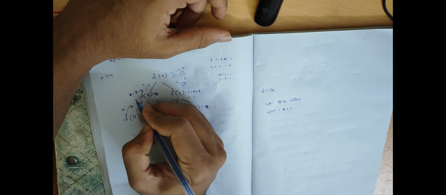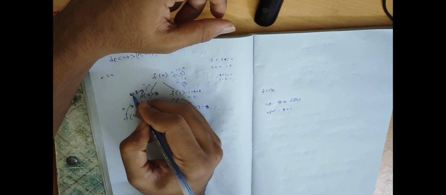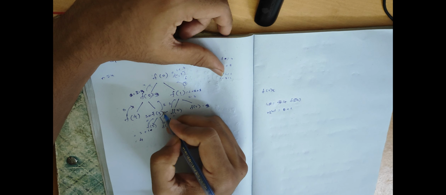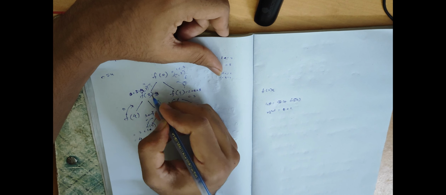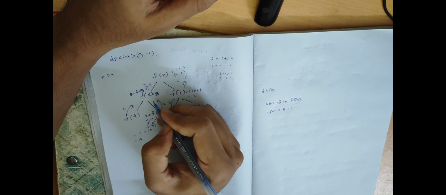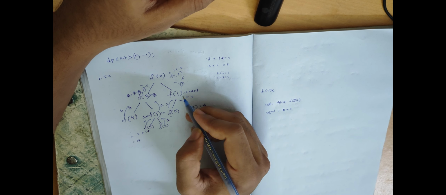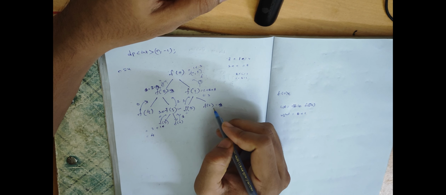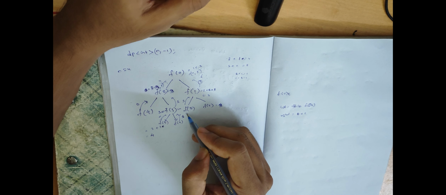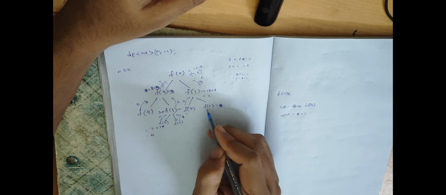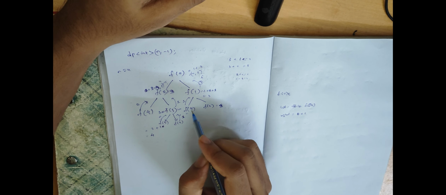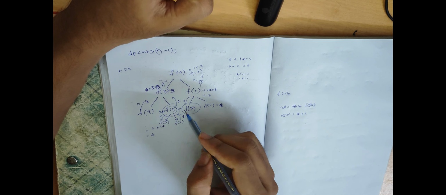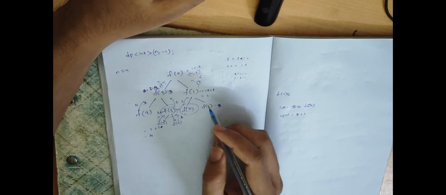When it comes to pick, 3 plus 0 is 3. When it comes to not pick, the value is 1. Between 3 and 1, the maximum is 3. Now let's go to the f of 1 function. If we expand f of 3 and f of 2, we know that f of 3 has the value 1 and f of 2 has the value 3. This is called overlapping.